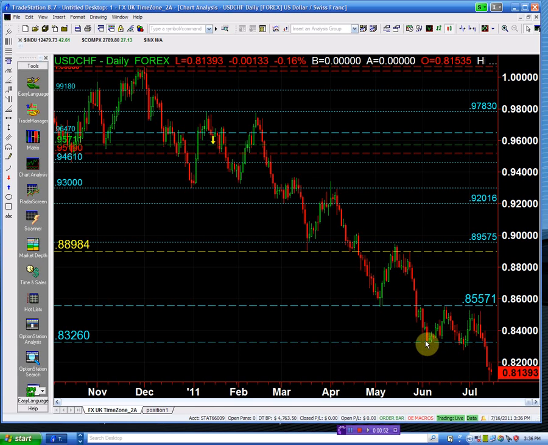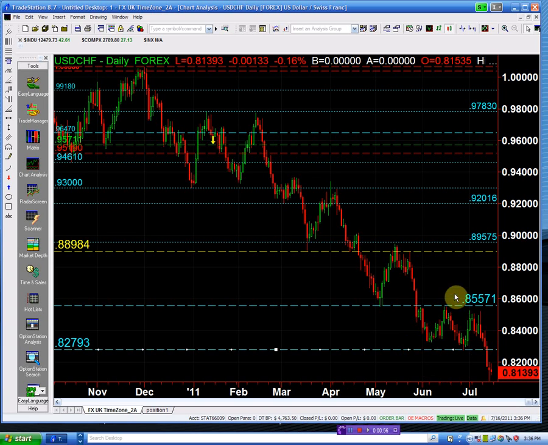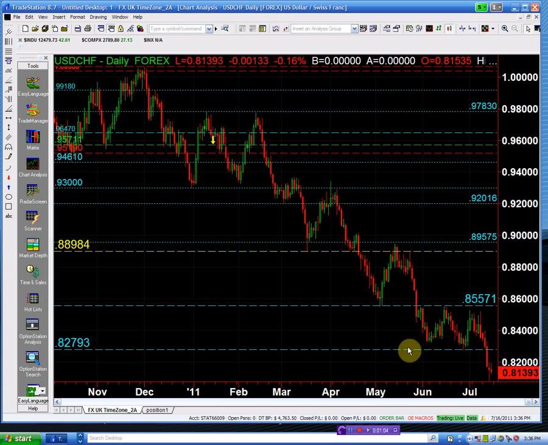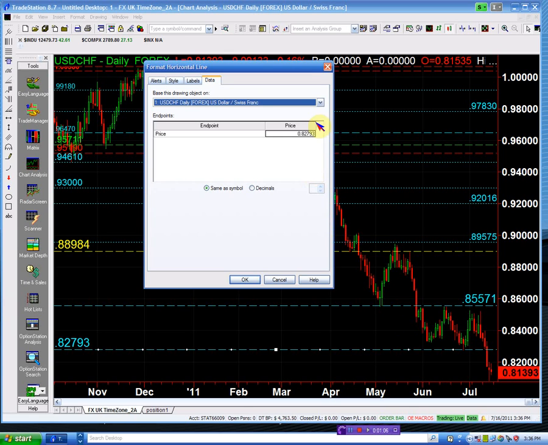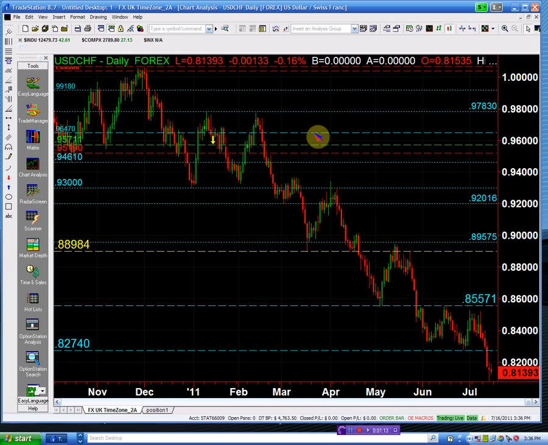Now this has changed. Now this becomes the new structure, because now this is the setup. So this is 82.74. This becomes our structure long from now.